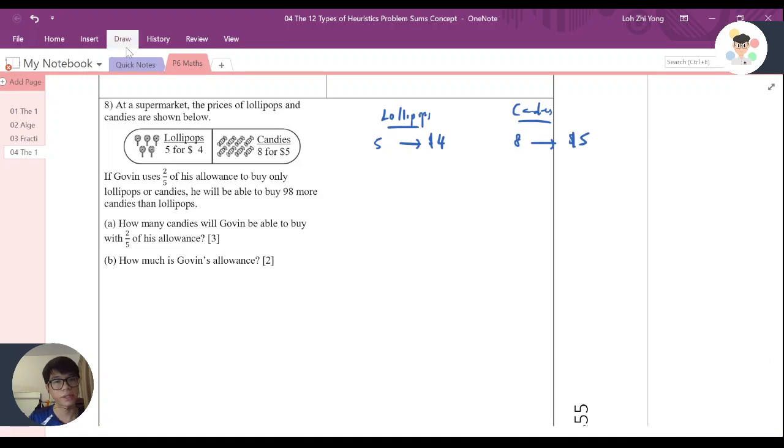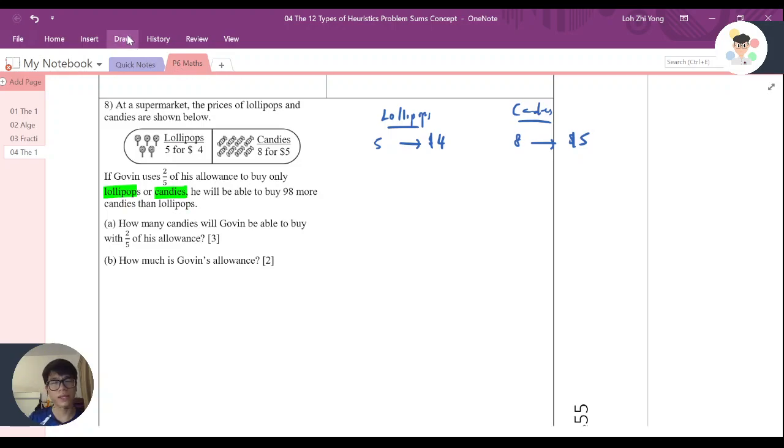Now, the question says that Govin uses 2/5 of his allowance to buy only lollipops or candies. Let's read again. To buy only lollipops or candies, he will be able to buy 98 more candies than lollipops.